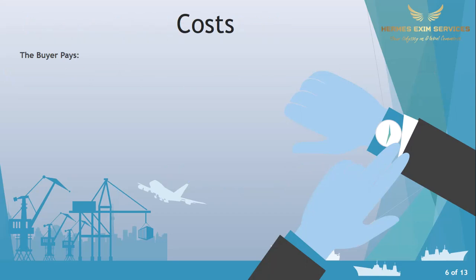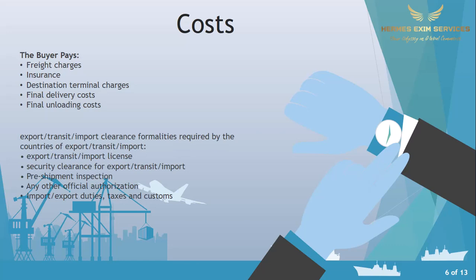In EXW, the buyer pays freight charges, insurance, destination terminal charges, final delivery costs, final unloading costs, and export, transit, and import clearance formalities required by the countries of export, transit, and import, like licenses, security clearance, pre-shipment inspection, any other official authorization, and duties, taxes, and customs.